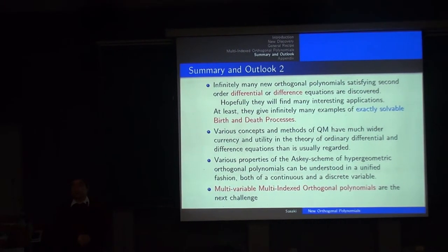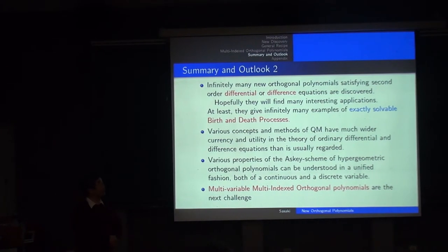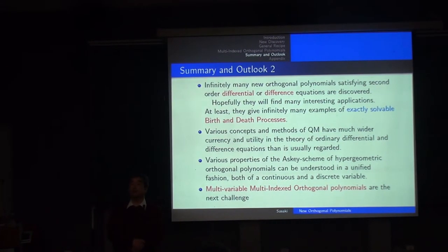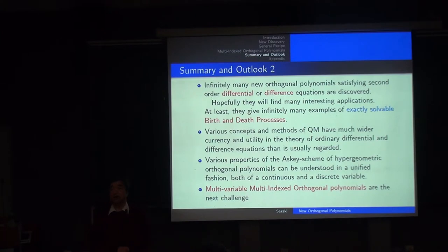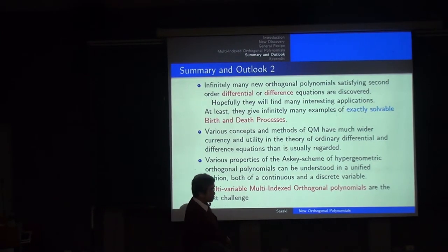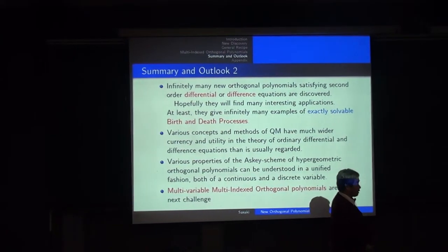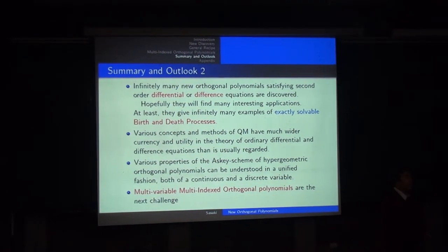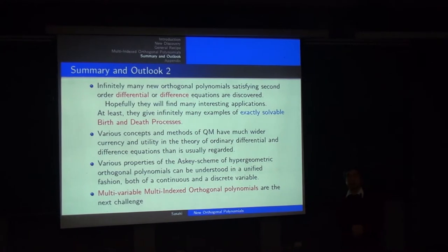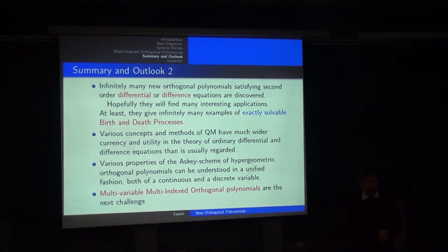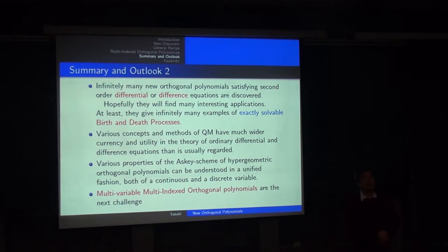Since I don't have time to explain all these things, essentially the same thing can be done for difference Schrödinger equations, which would produce Wilson polynomials, Askey-Wilson polynomials, Racah polynomials, q-Racah polynomials.